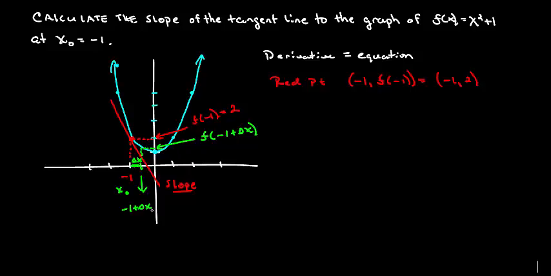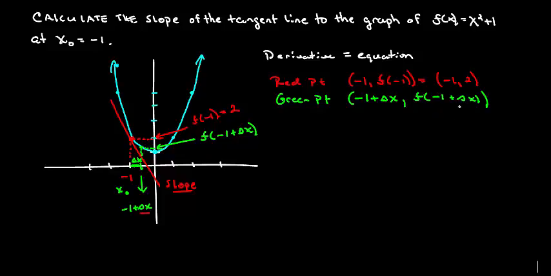It's -1 plus a little bit. And so the green point is at -1 plus this little bit, and then f at -1 plus a little bit is its height value, right?